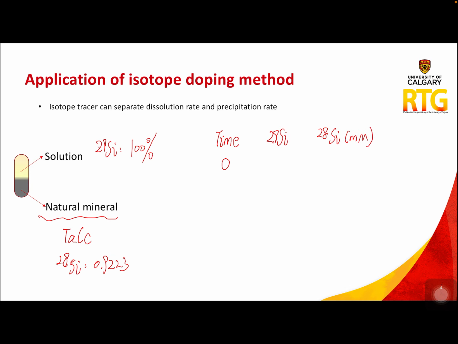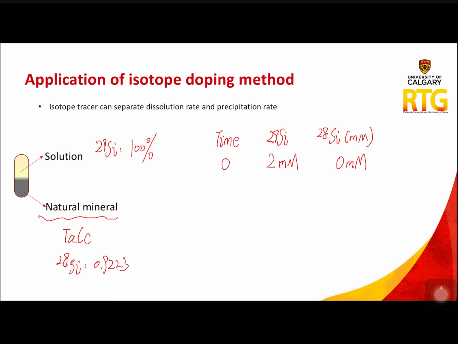At time 0, say the 29 is 2 micromole per liter, and the 28 is 0 micromole per liter, so at the initial time the solution is almost 100% 29. So there are three situations we can think about.